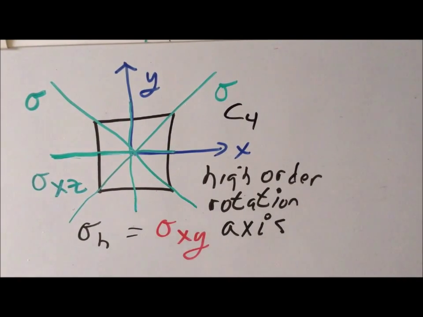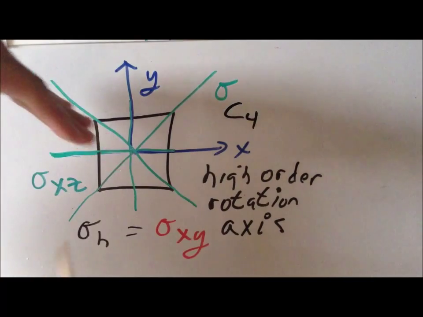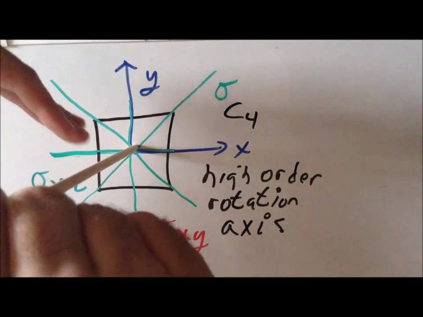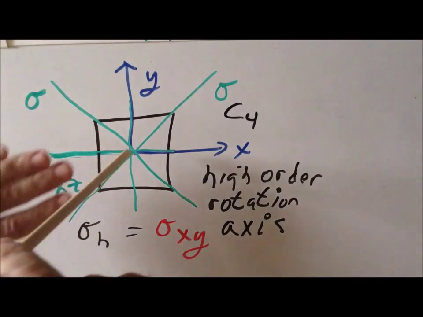So for example, we notice if I have this particular mirror plane here going along, relative to the high order rotation axis, I notice that the axis is actually in the exact same plane. In those cases, we know that we definitely do not have a horizontal mirror. When we have a horizontal mirror, the horizontal mirror and the high order rotation axis only have one point in common. And the axis itself basically is not in the plane.